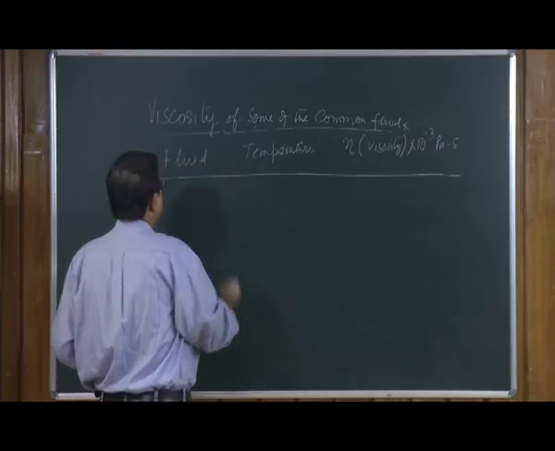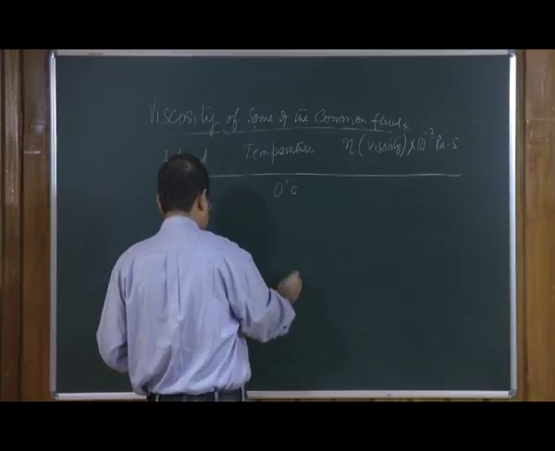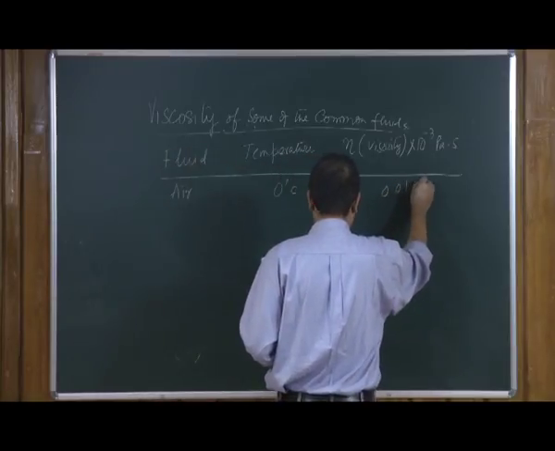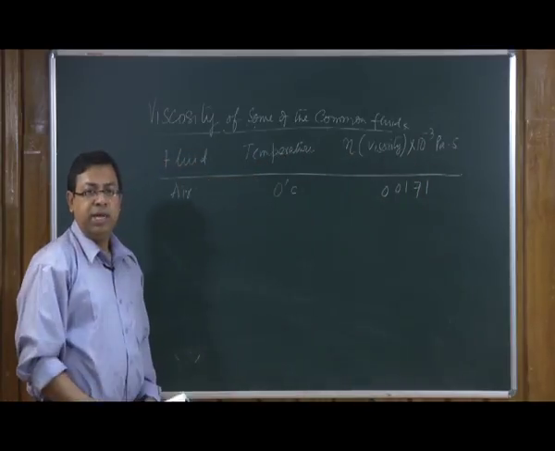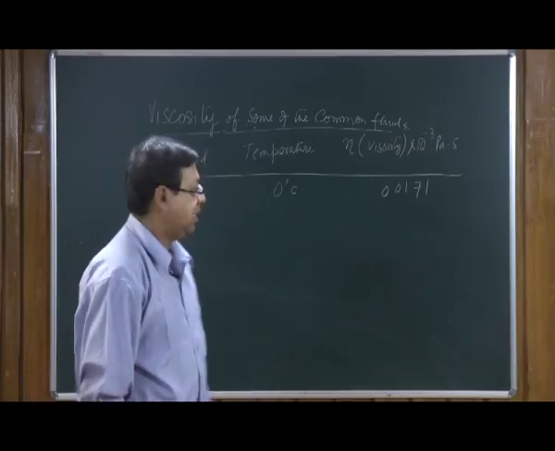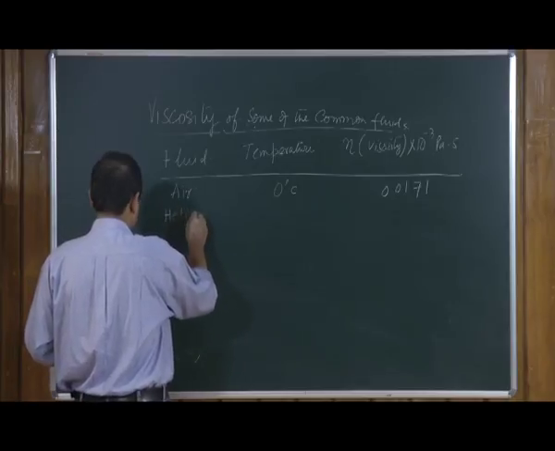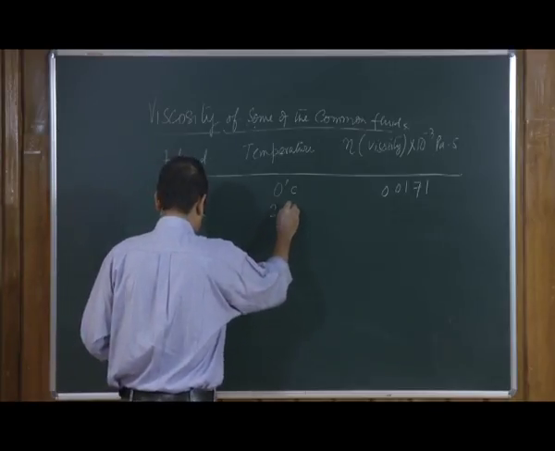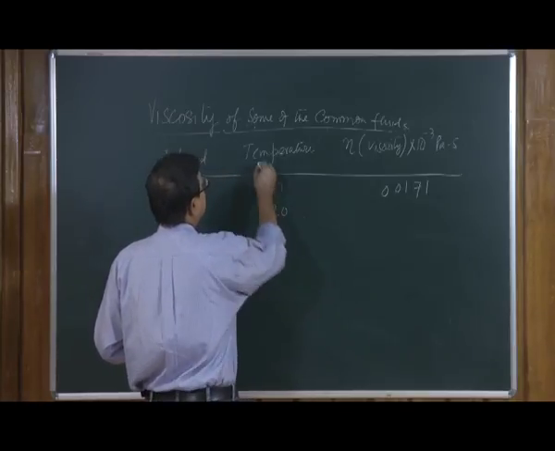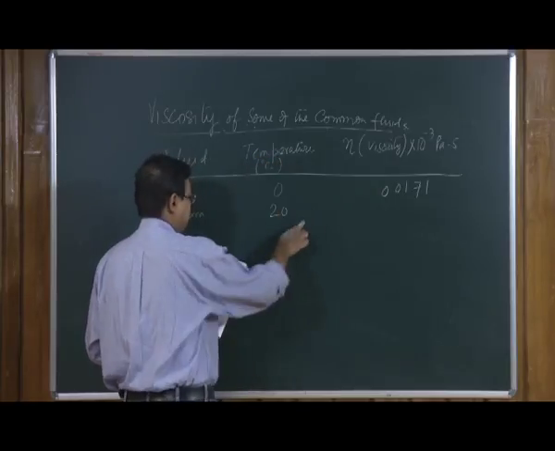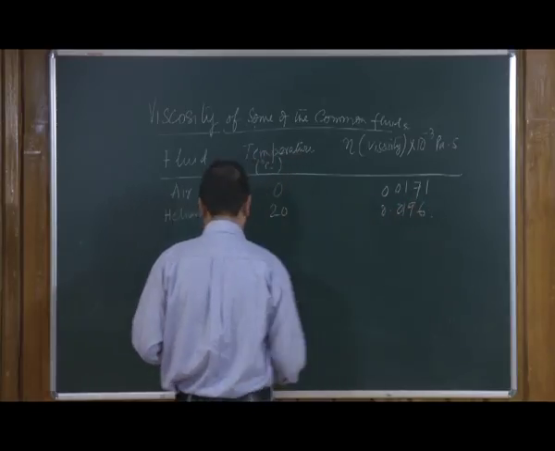So, let us take air at 0 degree centigrade, it is equal to 0.0171, that is 0.0171 into 10 to the power minus 3 Pascal second. Then for helium, it is at 20 degree centigrade, or we can say the temperature is measured in degree centigrade. So, it is at 20, it is equal to 0.0196.